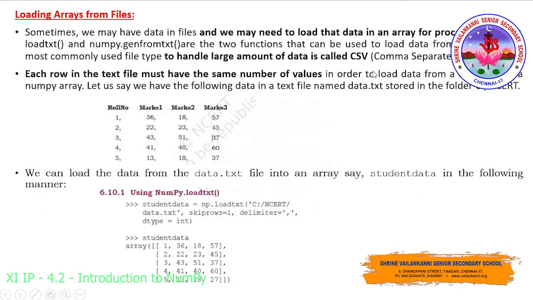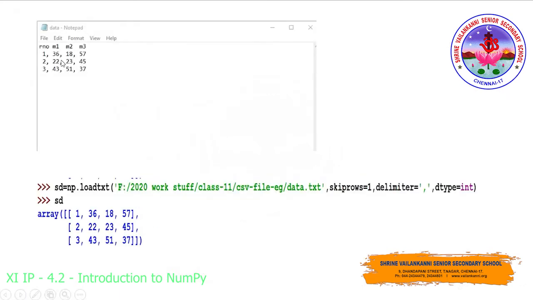To do this, we make use of two different functions, numpy.loadtxt and numpy.genfromtxt. The most commonly used file type to handle a large amount of data is CSV, that is, comma separated values. These kinds of files are called CSV files, and this is just a small set of values.